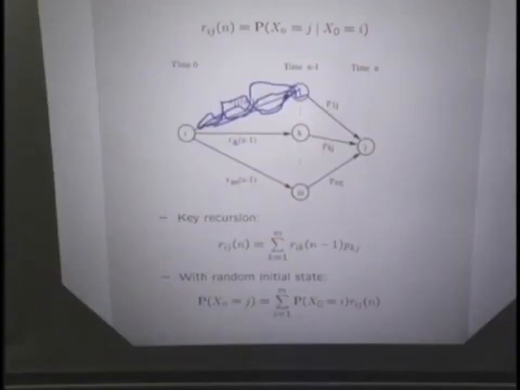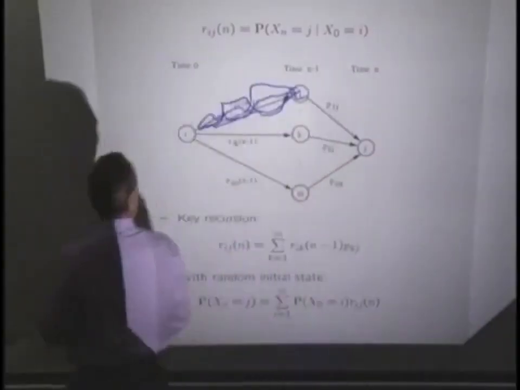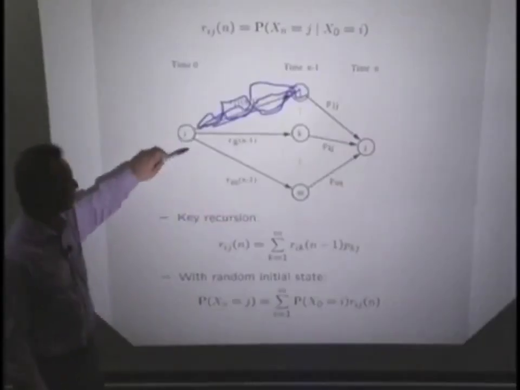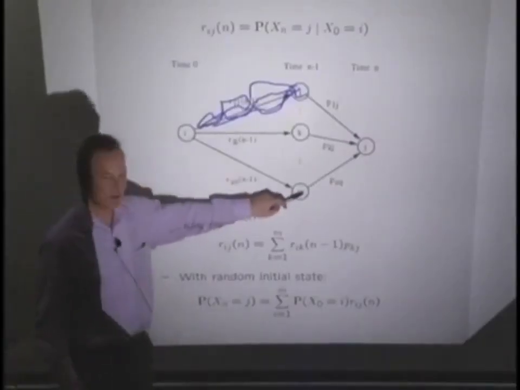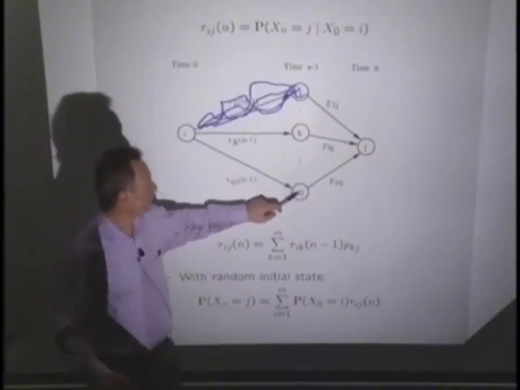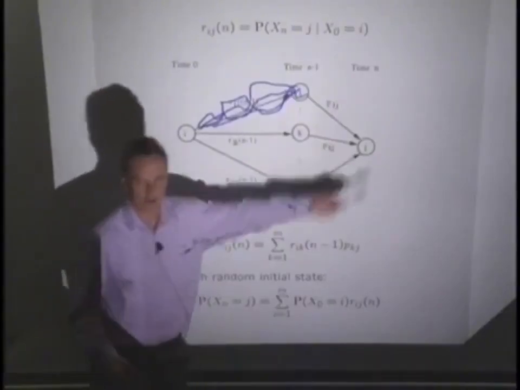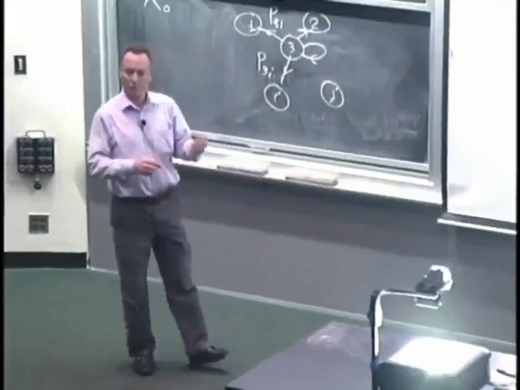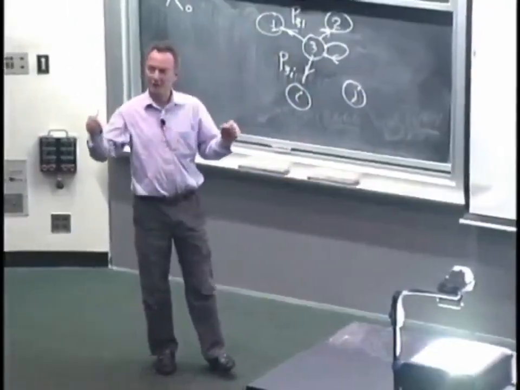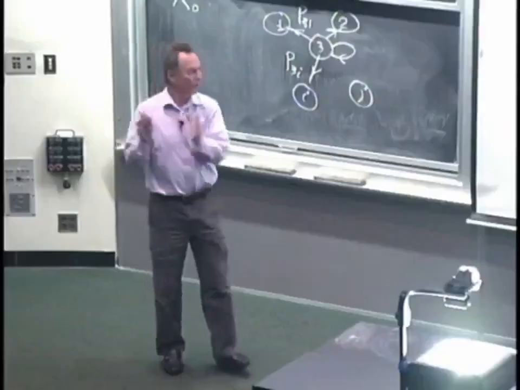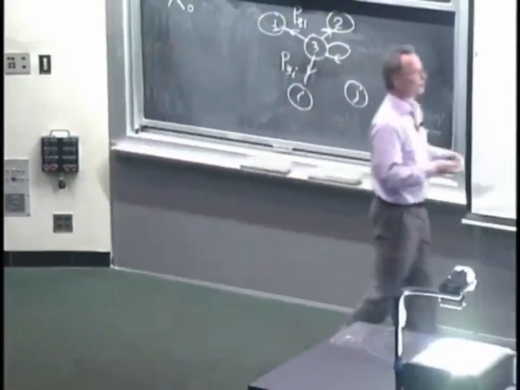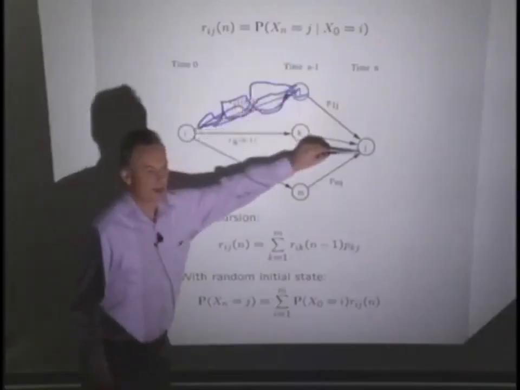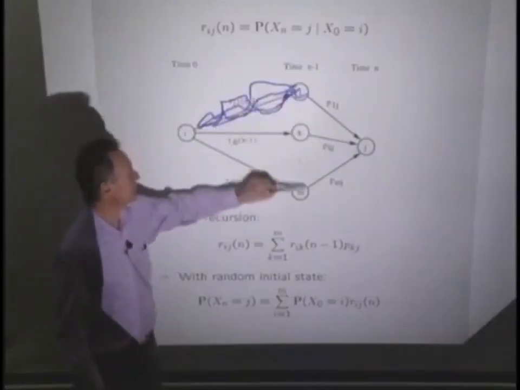And then there are other possible scenarios. Perhaps in the first n-1 steps, you follow a trajectory that took you to state m, and then from state m, you did this transition, and you ended up at state j. So this diagram breaks up the set of all possible trajectories from i to j into different collections, where each collection has to do with which one happens to be the state just before the last time step, just before time n.